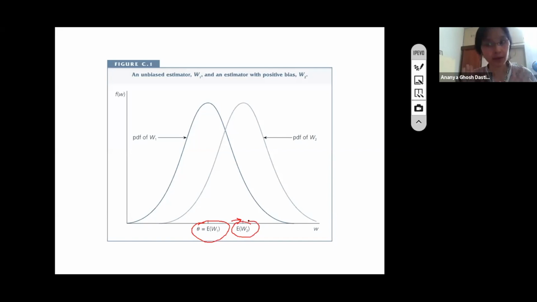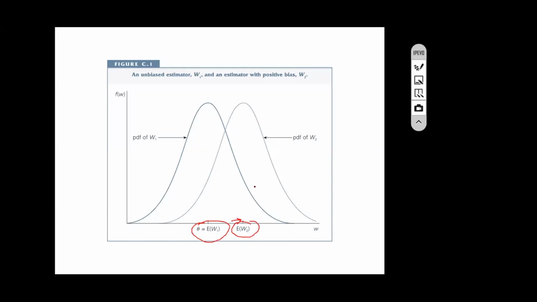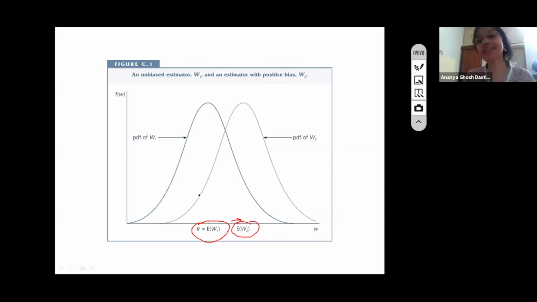The incidence rate theta, which I do not see, is what I'm going to try and estimate. If I'm using W2, I'll give you a number based on my sample which is way higher. So the incidence rate will be much higher than what it actually is, because the actual rate is theta. But if you were to use W1, then W1 would give you an unbiased estimate.